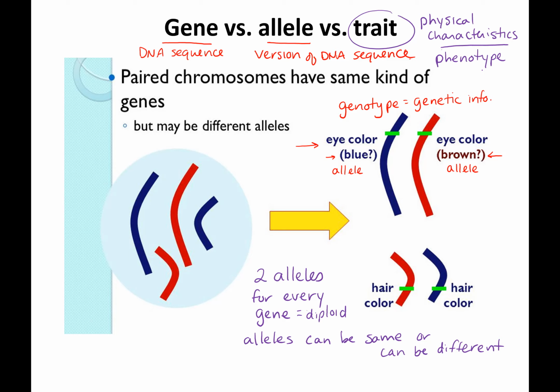But the important thing to remember is that you get 1 of each allele from mom, 1 from mom, and 1 from dad. And that's the basis of sexual reproduction and genetic inheritance in humans and many other animals and some plants. Okay.